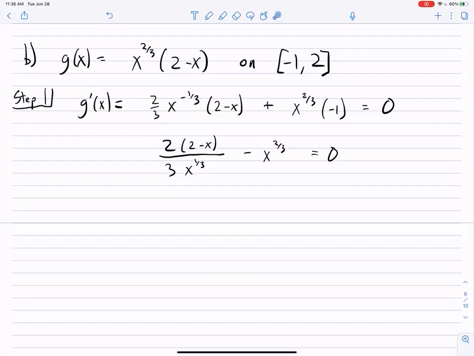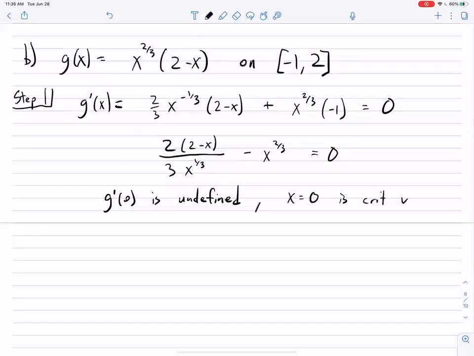When I look at it like this, it's clear that if I plug in x equals 0, this will be undefined. So g prime of 0 is undefined, because if you plug in 0, you're going to divide by 0. That's problematic, so x equals 0 is a critical value.